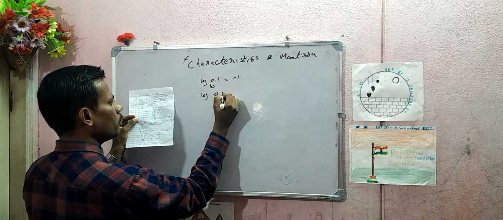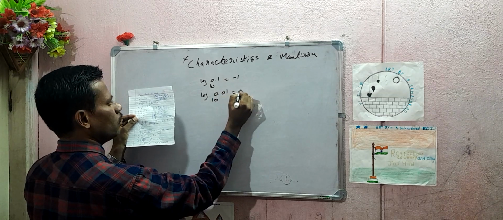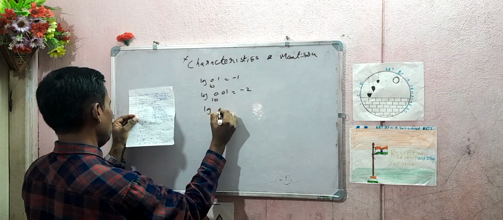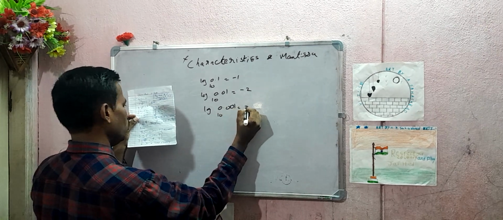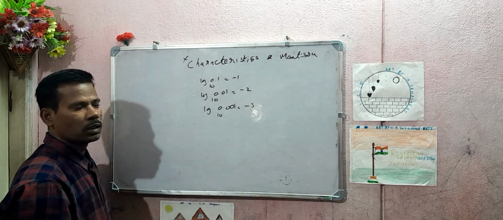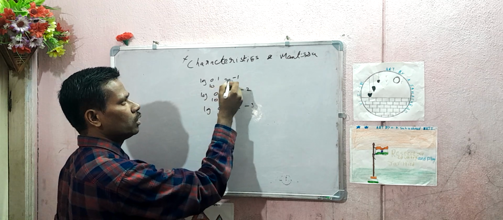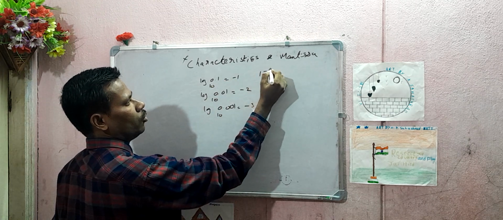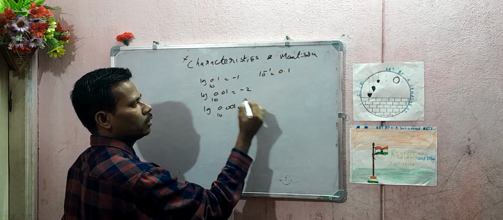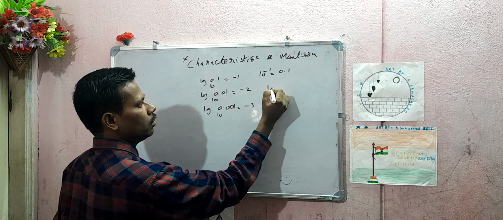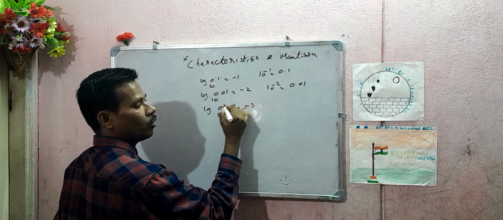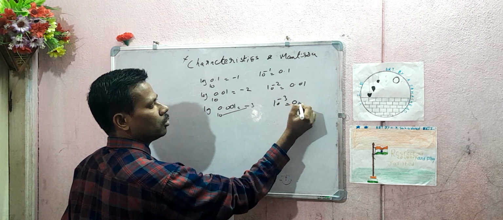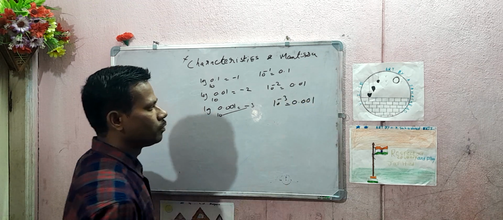Log 0.01 is minus 2. Log 0.001 to the base 10 is equal to minus 3. How did we get this? Write in index form: 10 power minus 1 is equal to 0.1. 10 power minus 2 is nothing but 0.01. 10 power minus 3 is equal to 0.001.